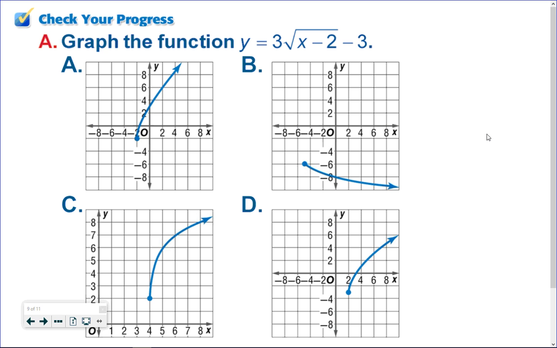You can kind of just look at the equation. It can't be B, can it? Why? Because 3 is positive. Okay, what's my domain? Where does this start? Positive 2, right? So can it be A? So you just eliminated A and B. Can it be C? No. Then it has to be D.